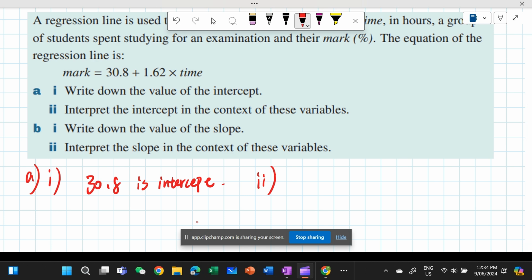interpret the intercept in the context of the variable. Students who spend no time studying for the examination will score about 30.8%.